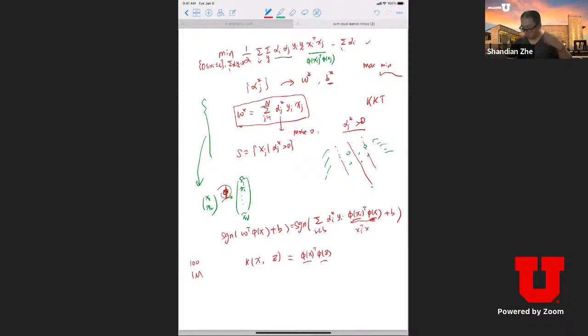So naturally, there comes a question: can we compute it in another way, such that I only need to compute this function in the original feature space, but the result is exactly the same as the explicit feature mapping and then the dot product? If we can find the way to compute the function, then this function is called a kernel function, and this trick is called the kernel trick. That's the whole idea. That's the key idea.